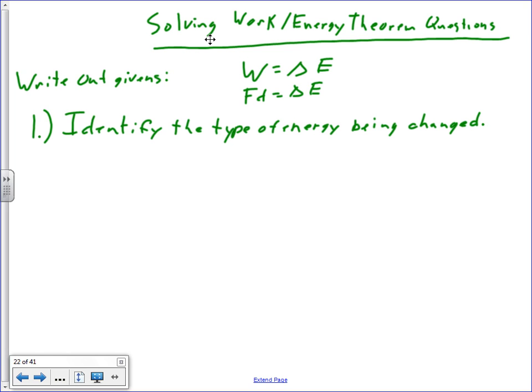Whether that's EP, so mgh, or EK. If kinetic energy is changing, what about the object will be changing? Its speed.